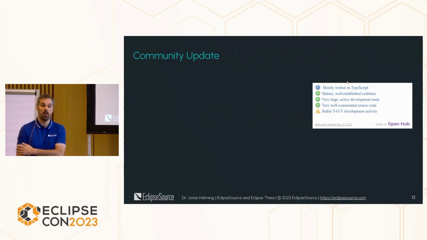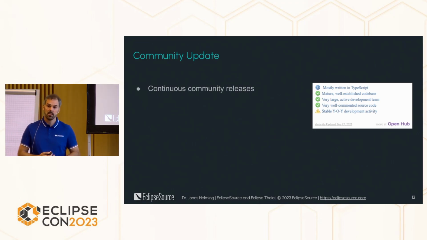All right, I would like to continue with a quick community update, just some news about the health of the ecosystem. Since last year, we introduced a new type of release. Traditionally, Theia has a monthly release, which is great for bringing new changes and new features fast to the adopting projects.